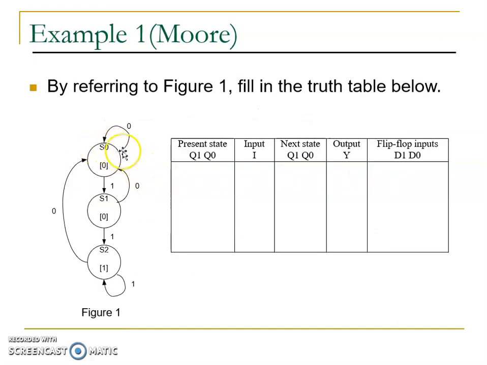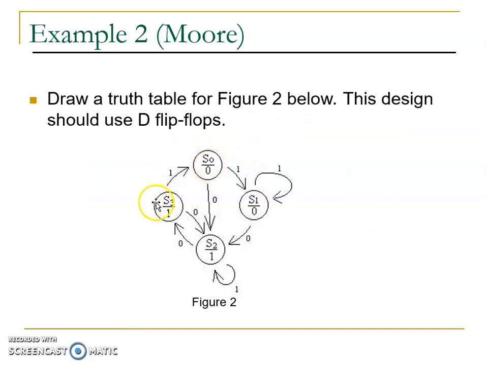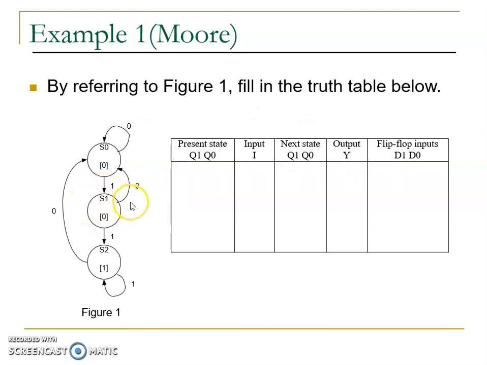Input 0, next state will be 0, 0. Input 1, next state will be 0, 1. Input 0, 0, 0. Input 1, 0, 1. For S1, input 0 goes to S0, 0, 0.